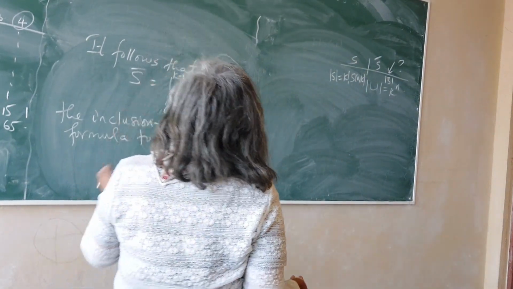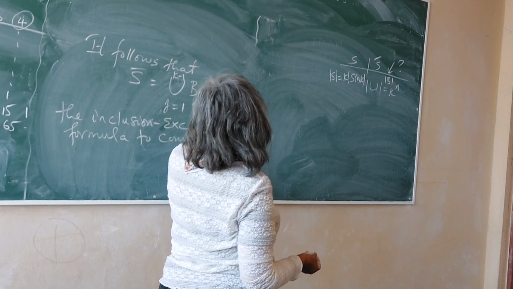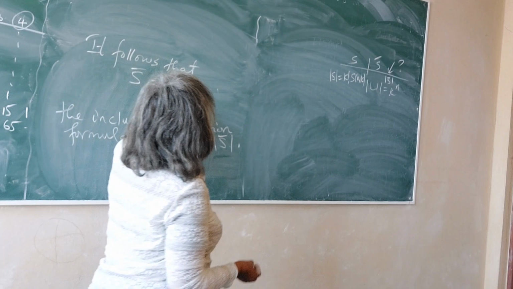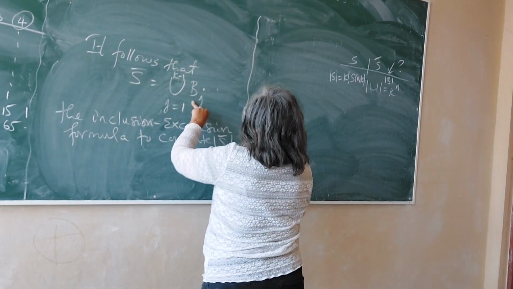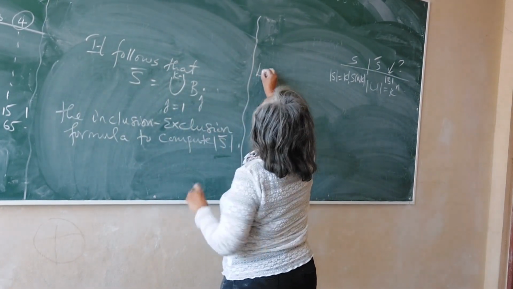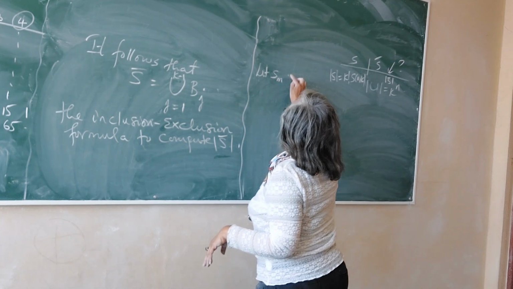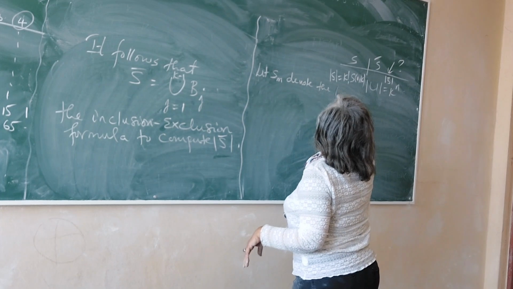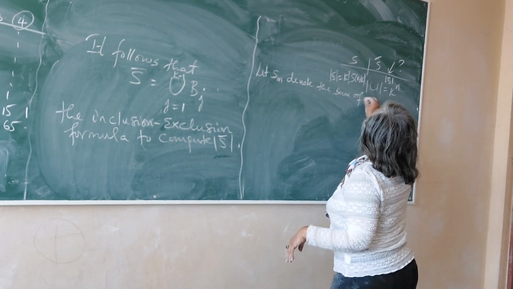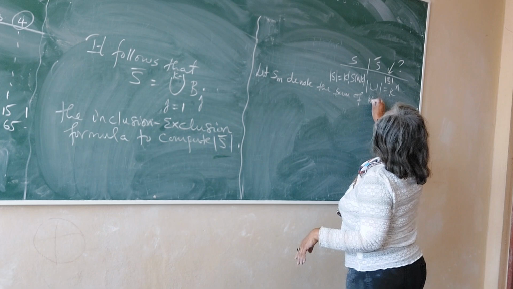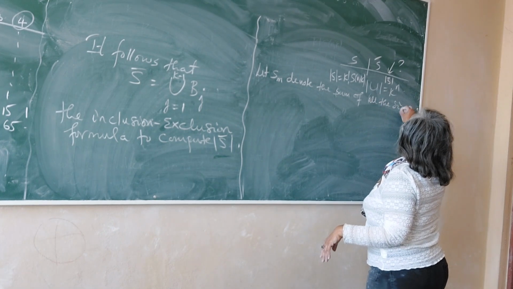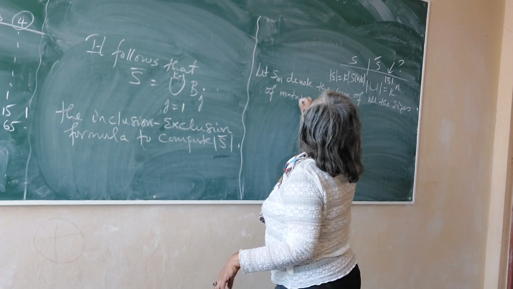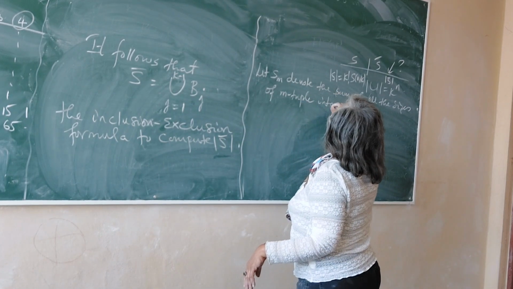Good. Now, let me just try to remind you of the inclusion-exclusion. We are going to need some more notation. Let Sm denote the sum of the sizes of m-tuple intersections.